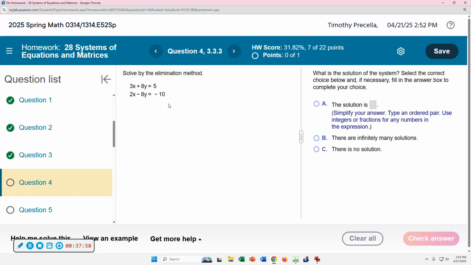3x plus 8y equals 5. And 2x minus 8y is equal to negative 10.